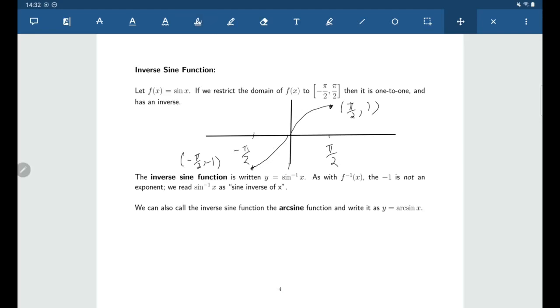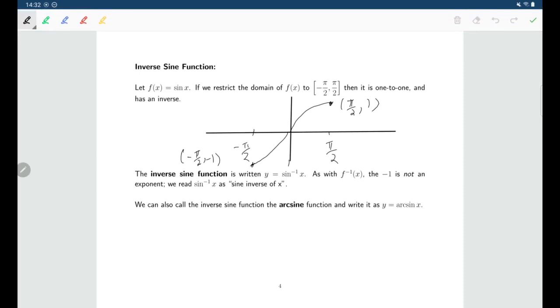And so the name for our inverse function is the inverse sine function, and we've got a couple of ways that we can write them. One is by writing this, y equals sine with a little minus 1 x, and that little minus 1 means inverse, just like it did back when we were talking about inverse functions.